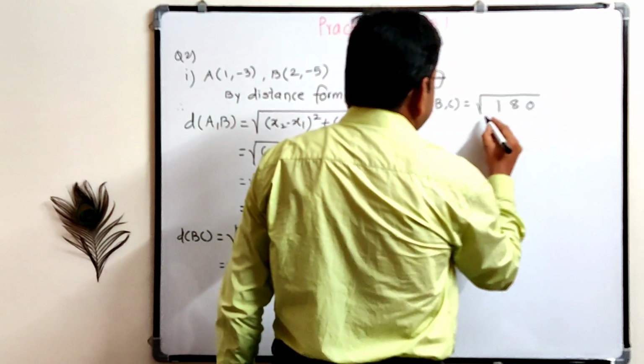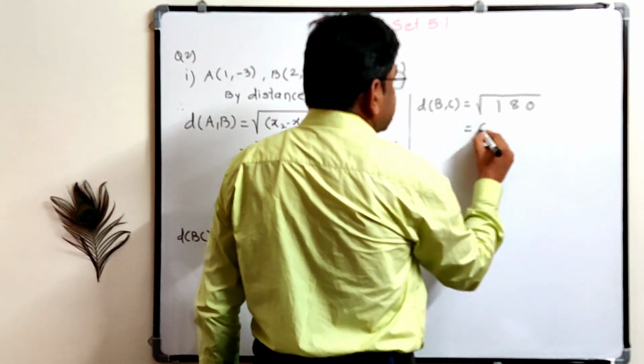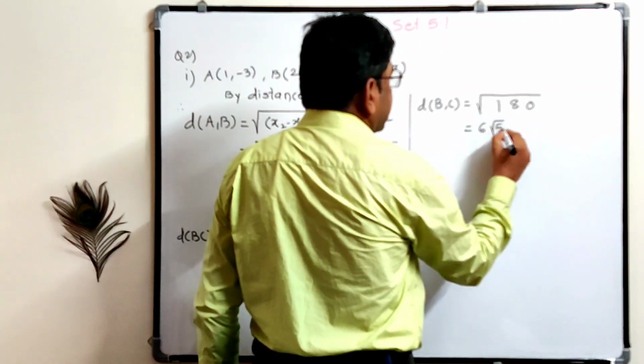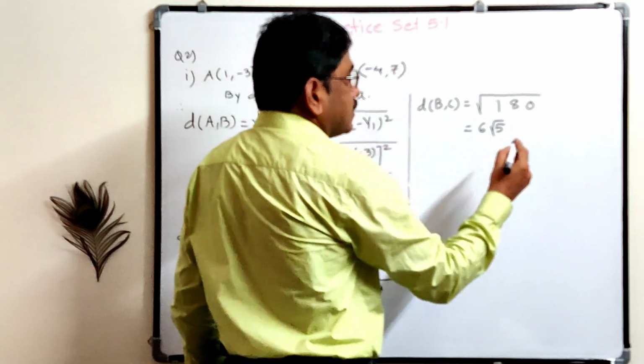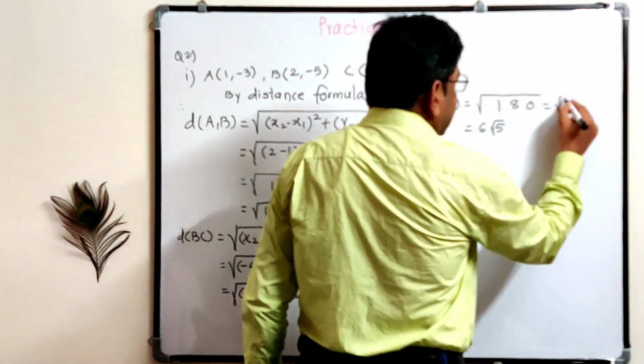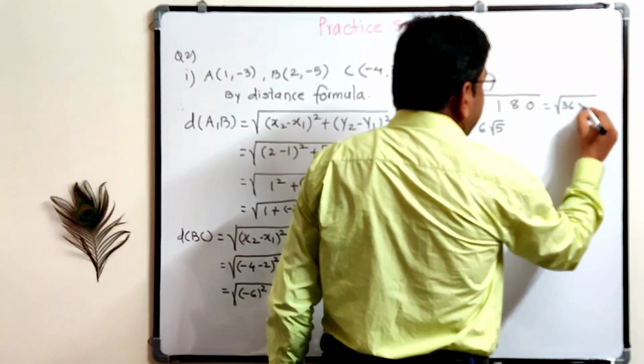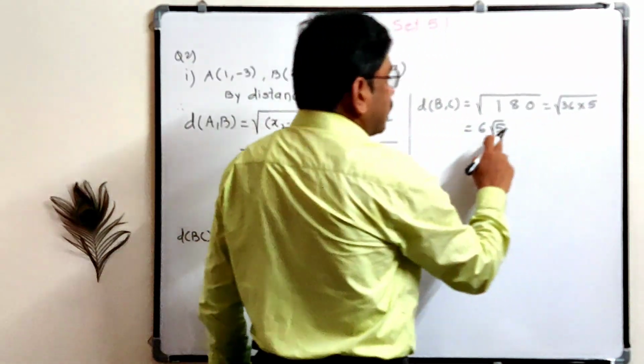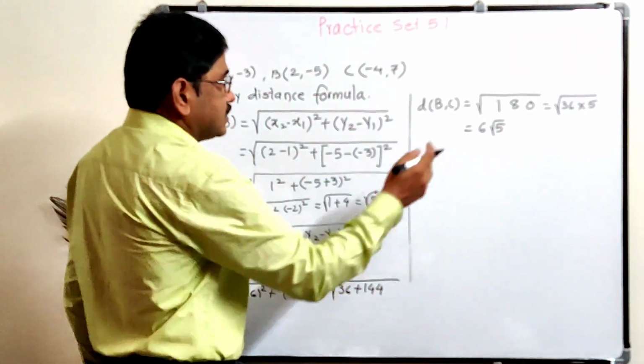So this is 36 times 5, means 6 root 5. This 180 can be written as 36 multiplied by 5. So square root of 36 is 6 and this root 5.